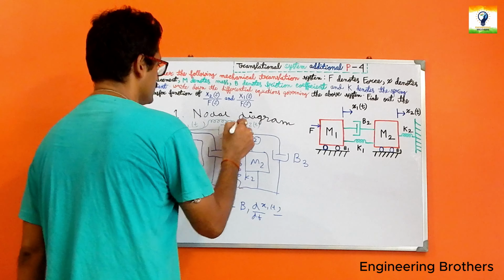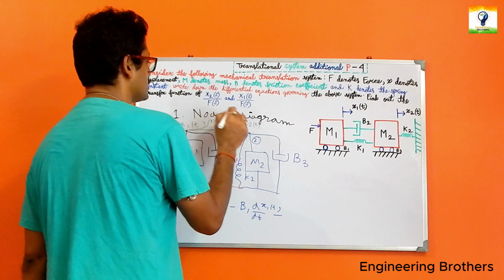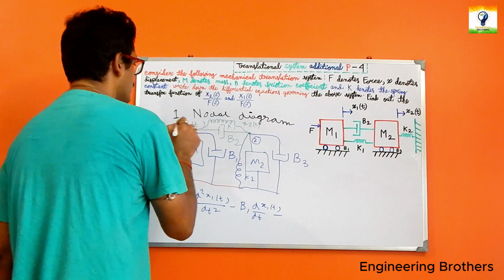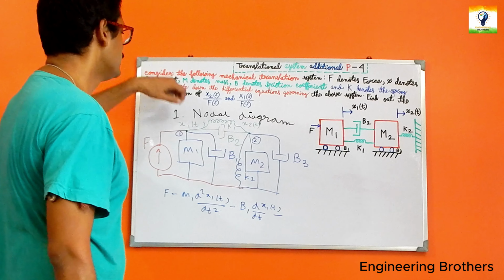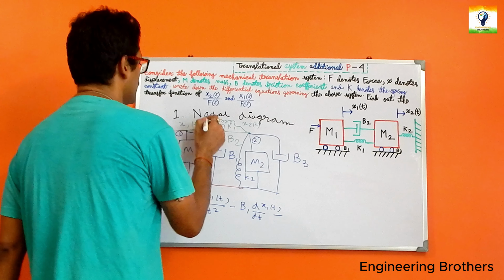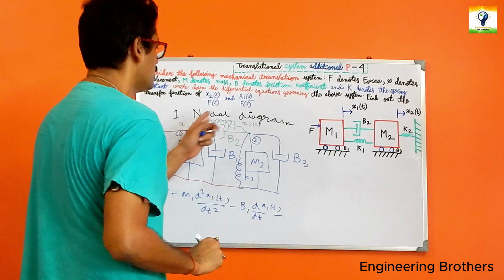Then we go for the common part between x1 and x2, as we are considering 1 as our reference, because when we apply the D'Alembert principle on node 1, we consider that x1(t) is greater than x2(t).